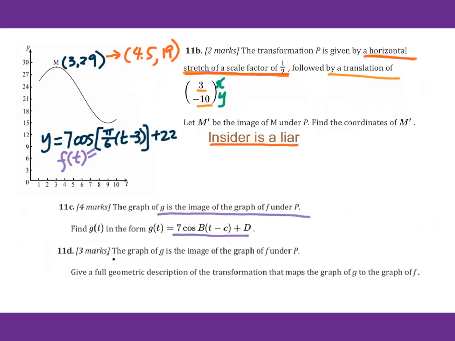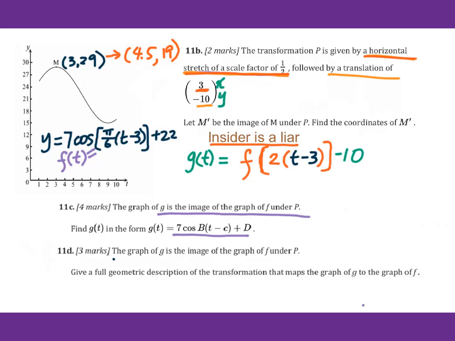You will get f of not 1/2, you have to flip over into 2, because that's 1 over b. Then you do translation. This 3 is dealing with the x, so it's a liar too. So we do t minus 3. Then minus 10, that's dealing with y, so we get minus 10. This will be g of t.